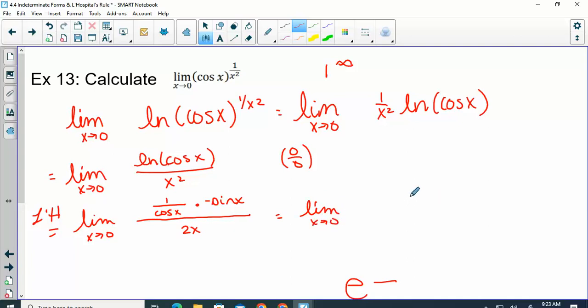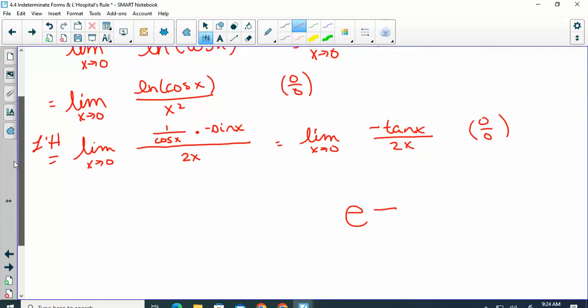Different approaches from here. On the top I have negative sine over cosine. What is sine over cosine? What is tangent of 0? 2 times 0 is 0. So what does that mean? L'Hopital's again.